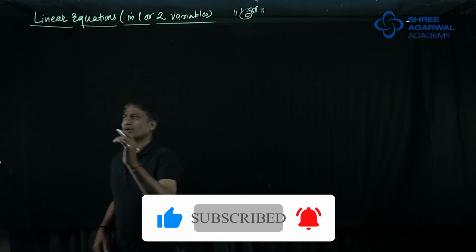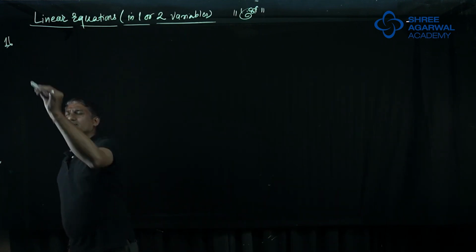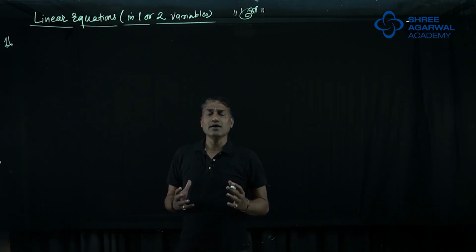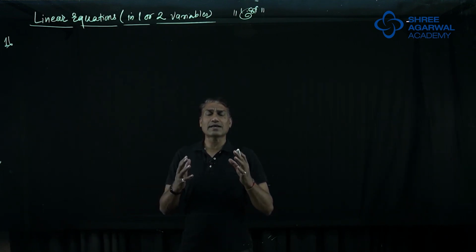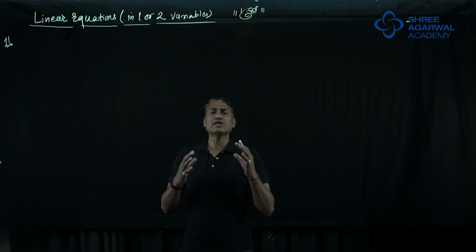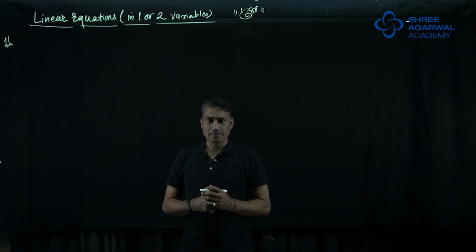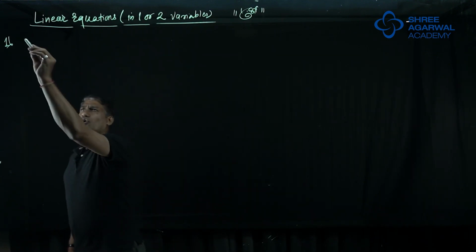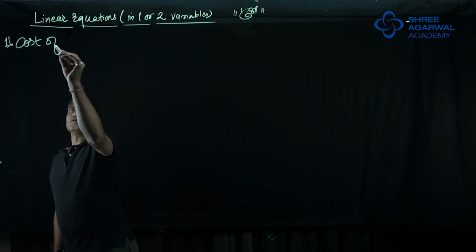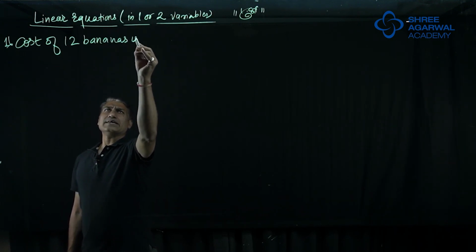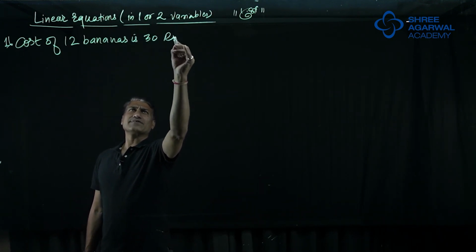Like for example, what can be the problem they can give us? Let us start with taking very simple examples. Suppose they say the cost of 12 bananas is 30 rupees.